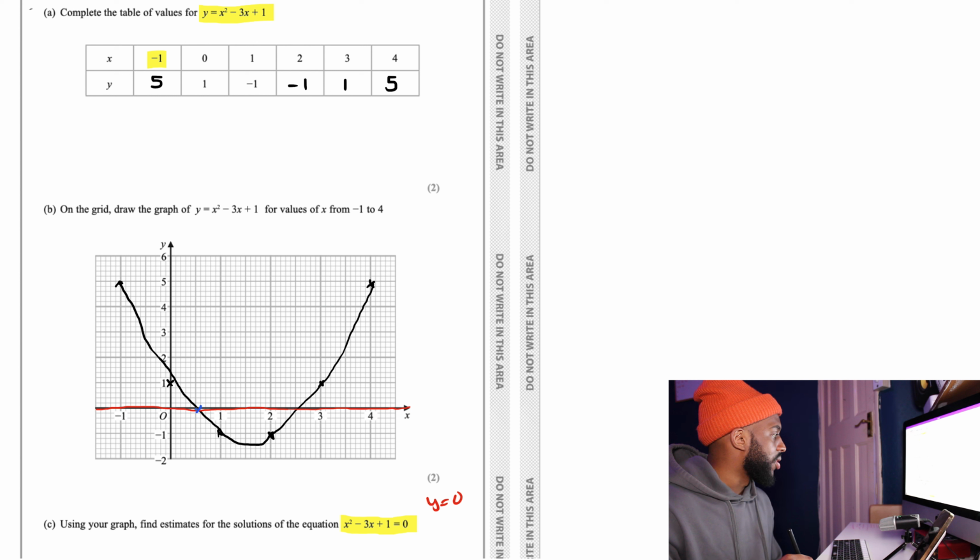So it crosses the curve that we drew at these 2 points here. And we're going to read the x values from the graph. So this x value here is going to be roughly 0.5. And the x value here is going to be about 2.5. And there'll be our two answers for part C.